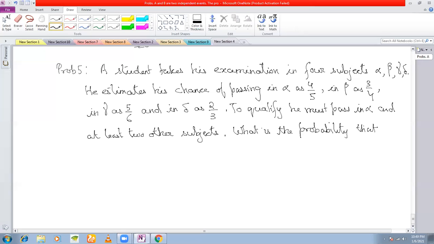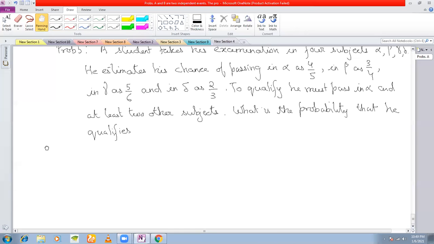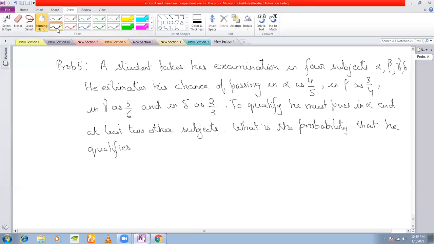What is the probability that he qualifies? Yes. So now, can you tell me what is the probability that he qualifies? Yes, tell me. Can you say which type this is?